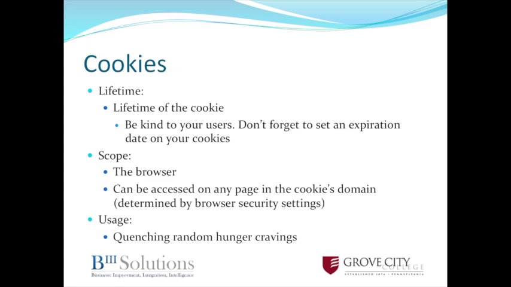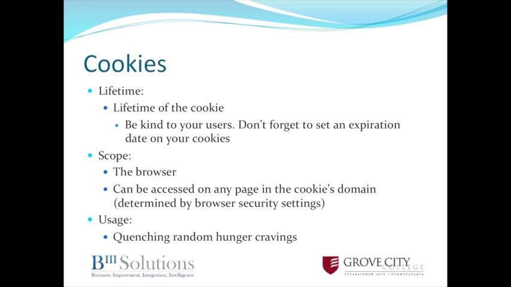You want to set lifetimes that make sense for the type of data that you're storing. For instance, if you're storing data about what the user has recently searched for, that might be a shorter cookie. However, if you're storing settings that the user has saved about their account, that might be a cookie that lasts longer.